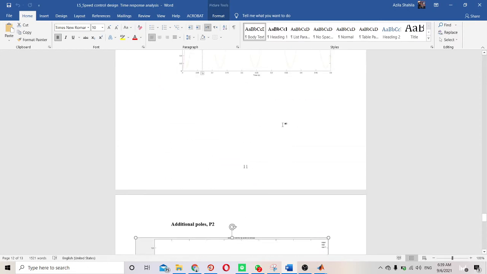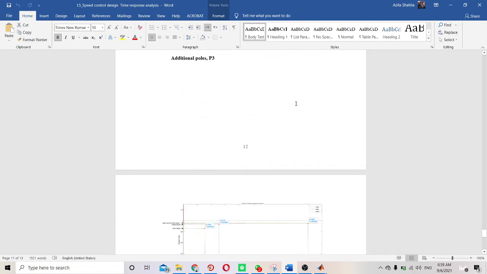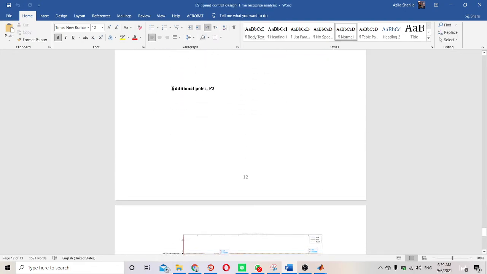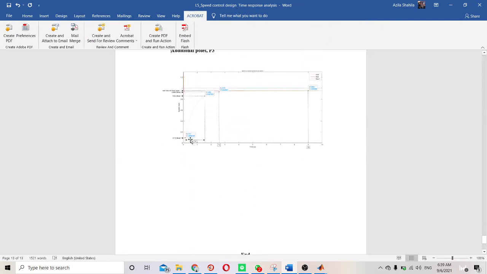Okay, move on to the additional pole. Okay, additional pole, customized a little bit. As we can see from the graph, we will get the values, the final values, and we can see here the real one and also the input given.